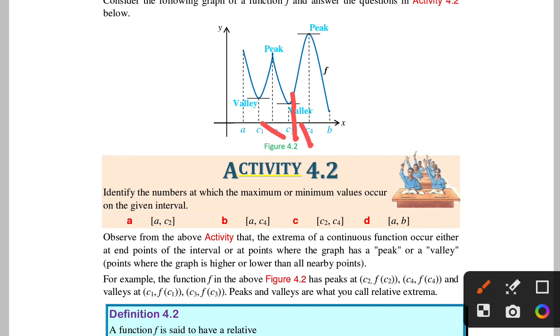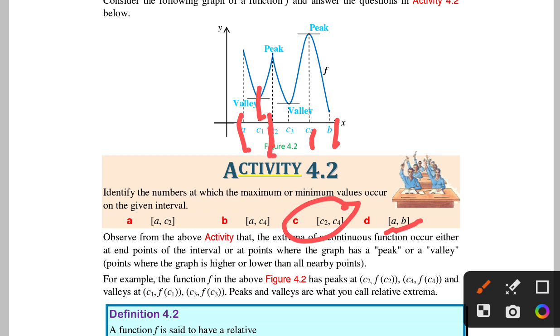Between c and 4, between c4 and c2 there is minimum value. Likewise at a and b there is minimum value at point c, there is maximum value at point 2.